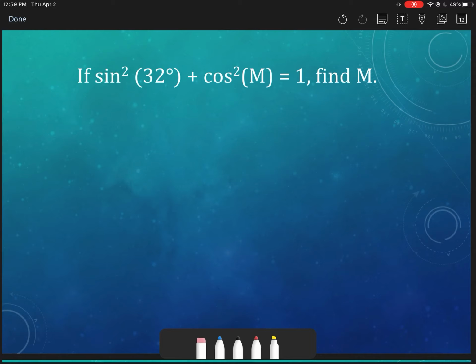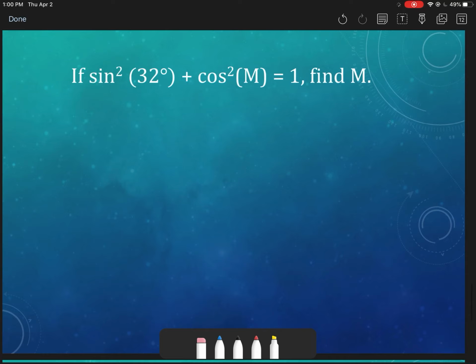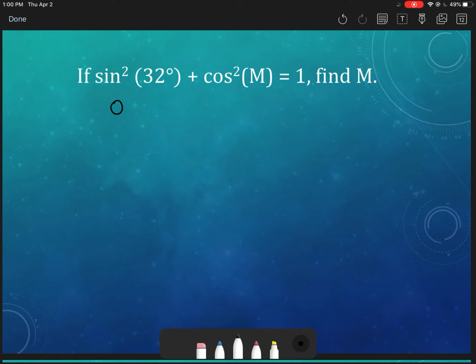What I want you to do is find the sine of 32 degrees. The sine of 32 degrees is 0.5299. I'm going to write this out for 4 digits.